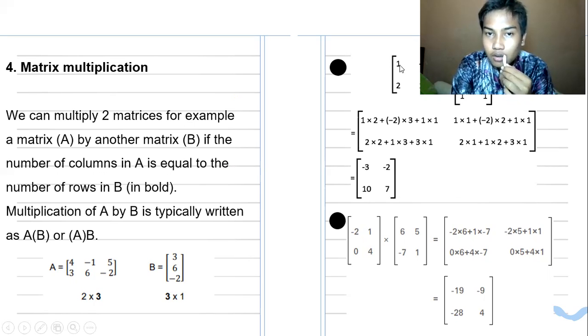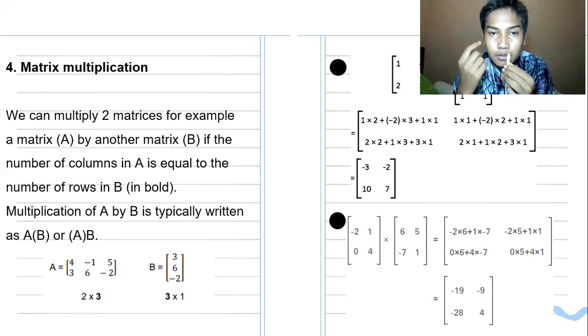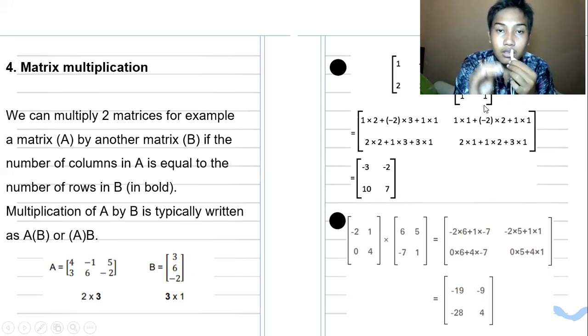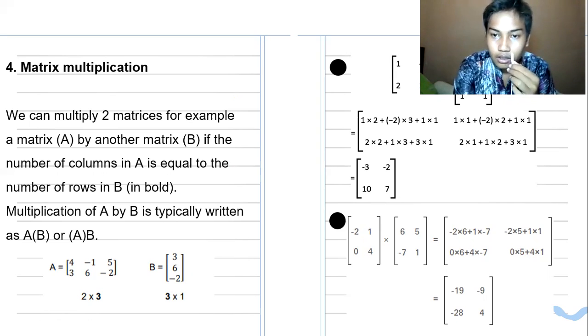So each of the rows and the columns need to be multiplied and then added. It goes on with the others: this needs to be multiplied and added with this, and this needs to be multiplied and added with this and this and this. It is the horizontal with the vertical. And then if you have finished that, you will get the result.